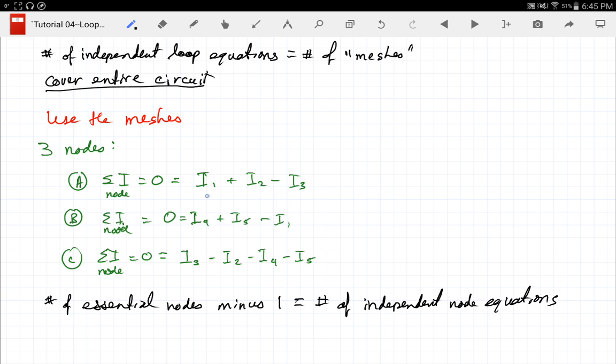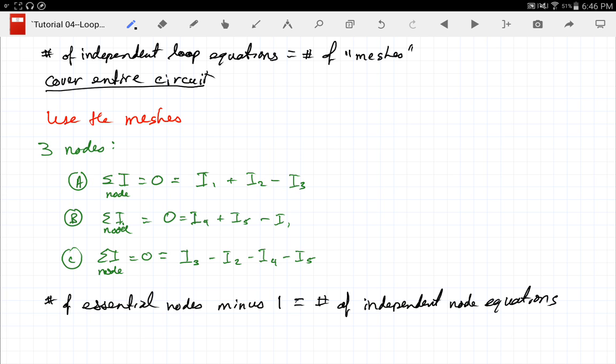Once again, you'll see if I took the top equation plus the second equation, I'd have I1 minus I1, I2 minus I3 plus I4 plus I5. That was positive I2, I4, and 5. This was negative I2, I4, and 5. Negative I3, this was positive I3.